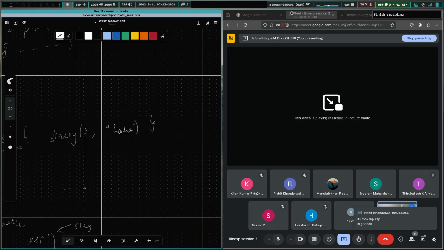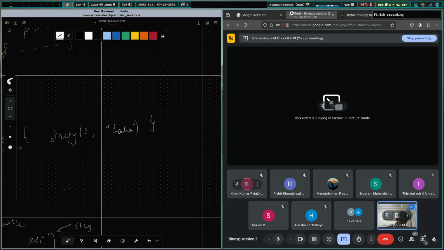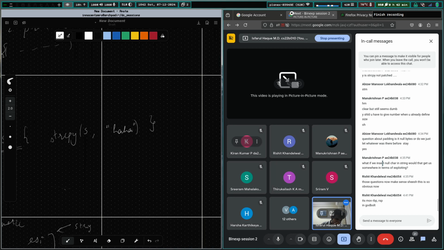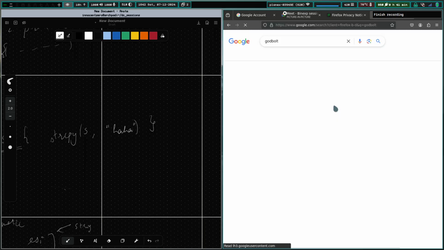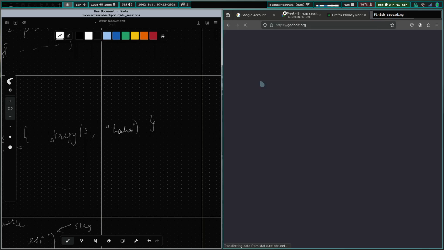Move RBP, RSP in Godbolt. Which syntax, Rishit? AT&T says move source, destination.